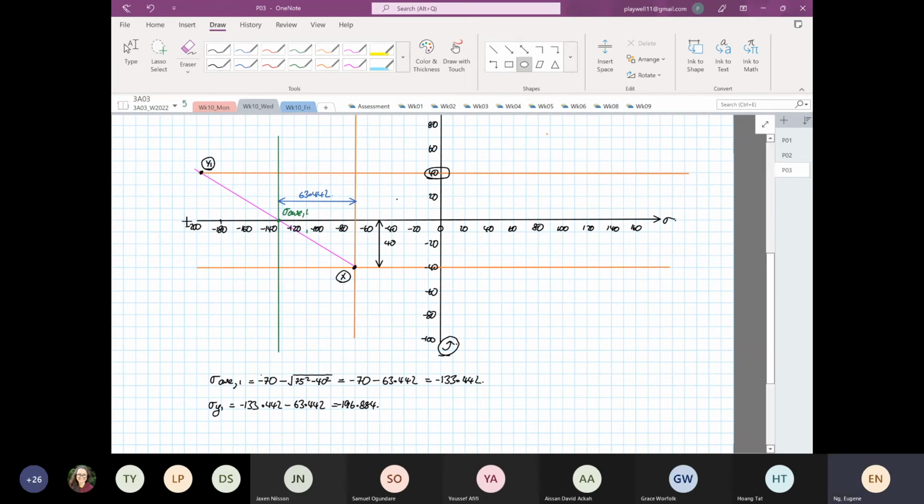So 208, so somewhere around here. And then it will come over here. Wait, so minus 70, minus 133.442 plus 75, 58.